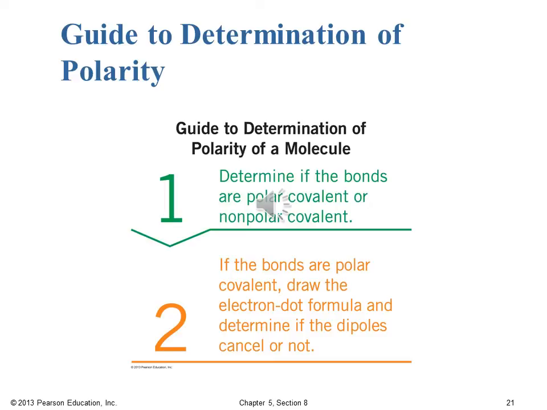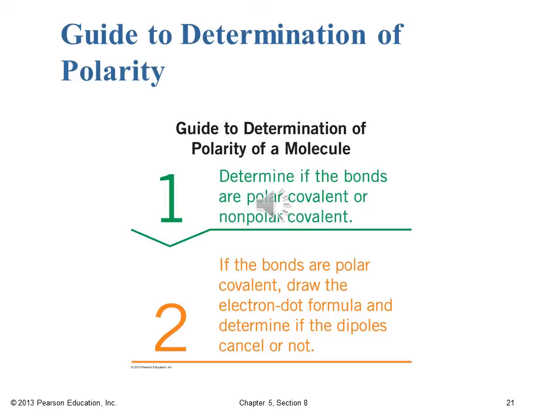Alright, so like we had before for many other parts of this chapter and the whole text so far, here's a guide for determining molecular polarity. So first we have to determine if the bonds are polar covalent or nonpolar covalent. If they're ionic, we don't have a molecule anyway. But once we make that determination, if we only have nonpolar bonds, we can't have a polar molecule. If we have polar bonds, that may lead to a polar molecule because we have to consider step 2.